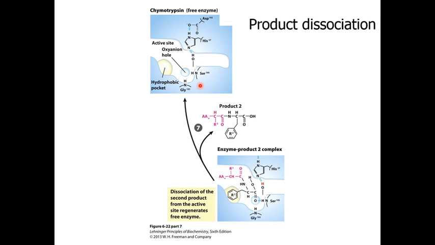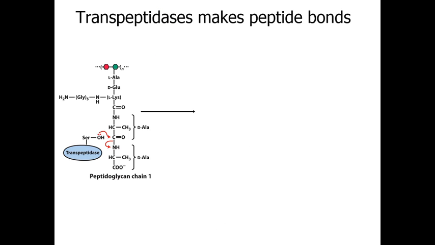Next, let's consider a reaction that is the opposite of peptide bond hydrolysis, and this is peptide bond formation. Transpeptidases are a group of enzymes in bacteria that cross-link peptides in the peptidoglycan of bacteria.